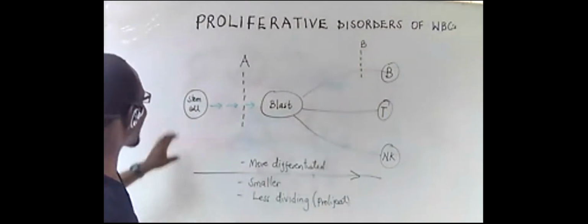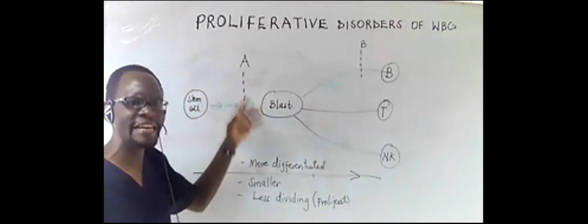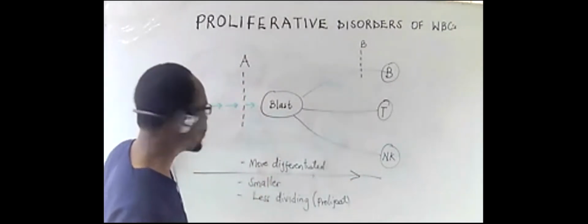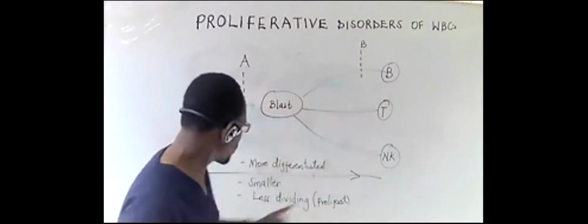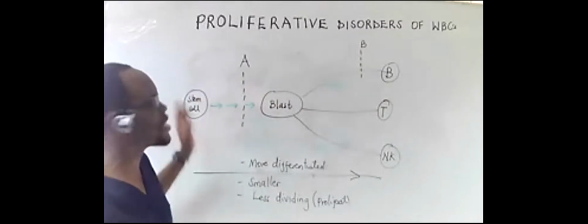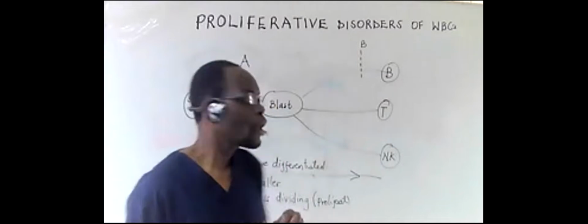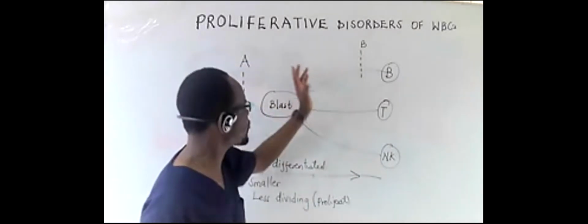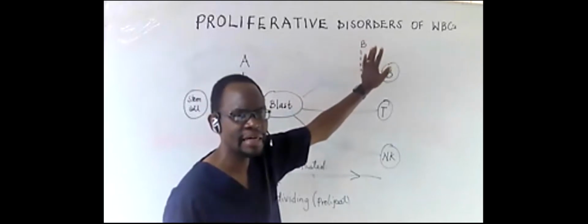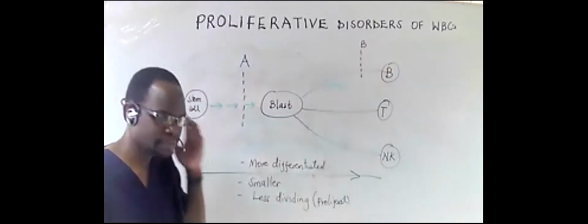What happens is that at this point, cells are rapidly dividing. Remember we said as we move this side, we have less dividing. So in these earlier points, the cells are rapidly dividing, while at this point, cells are not as rapidly dividing. Please note that.